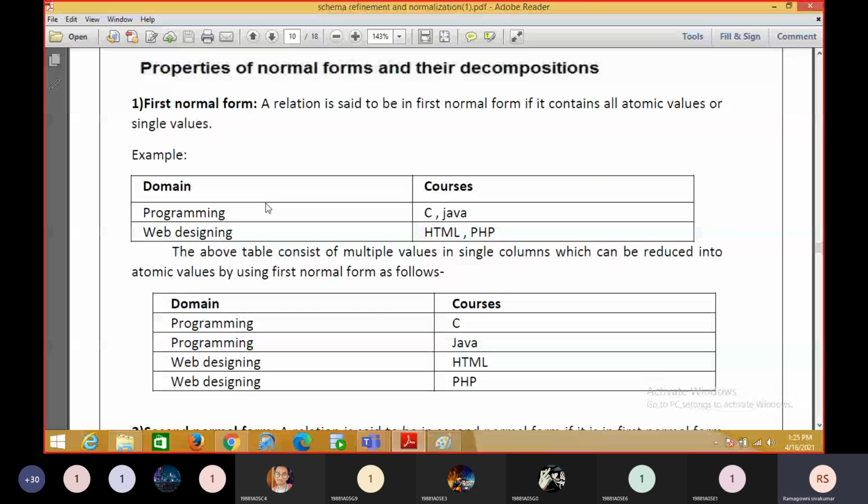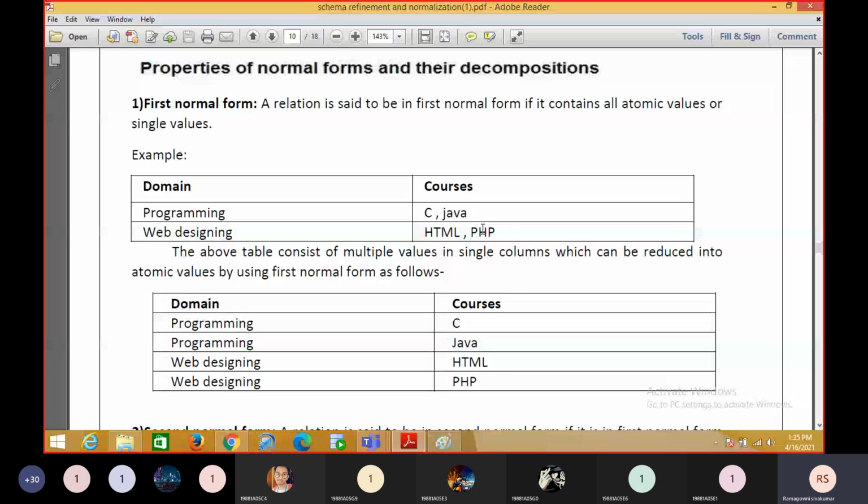Domain contains programming and web designing. Programming has C and Java, web designing has multi-values, HTML and PHP. This course column has multi-values. We should not write like this. That means this table is not in first normal form.